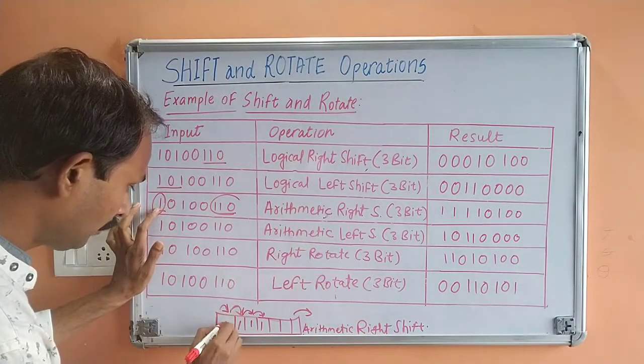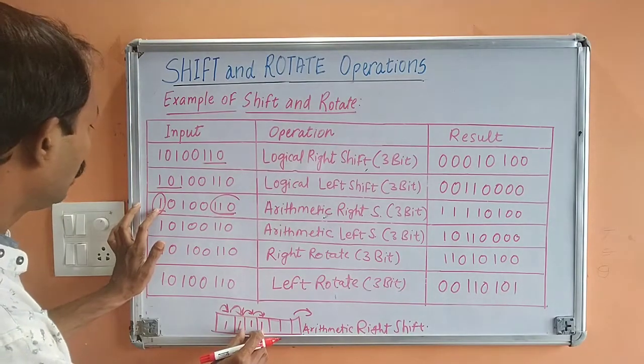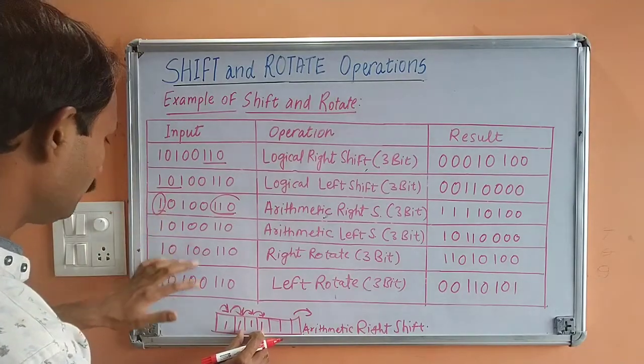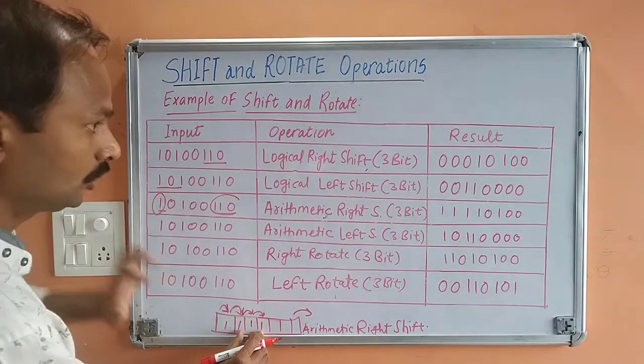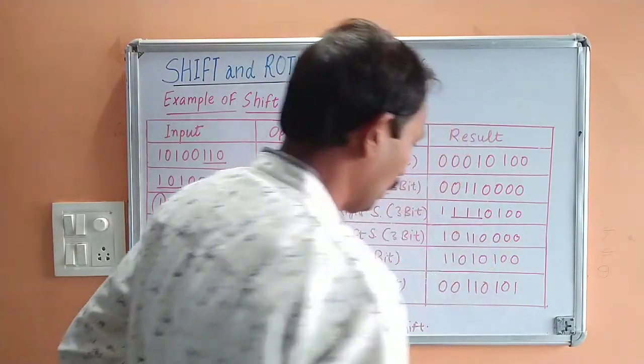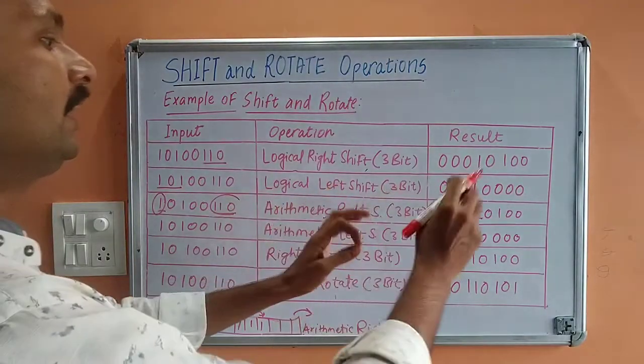So the bit will be preserved and this bit will be appearing over here, right? So see, 1, then 3 times 1, then 0 1 0 0. This is the answer for arithmetic right shift.